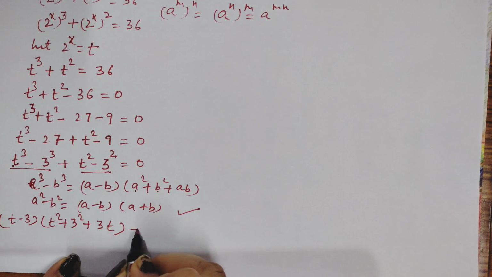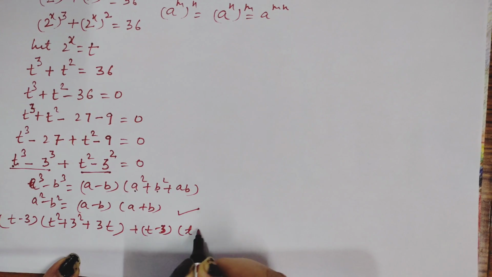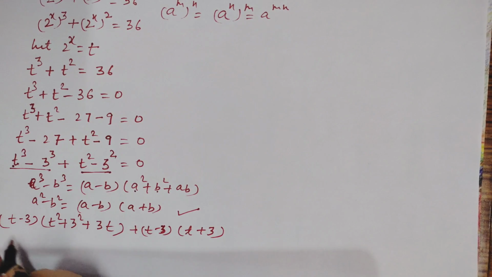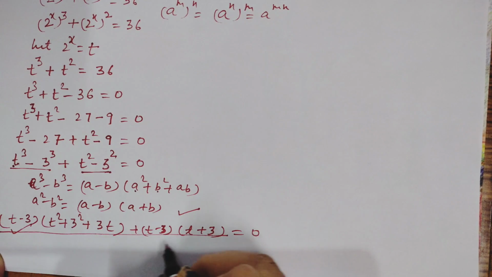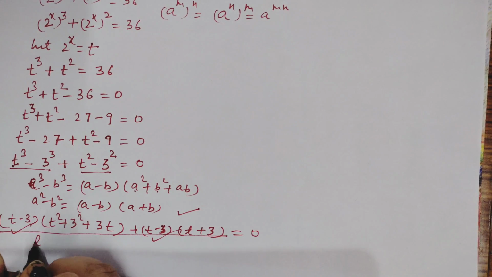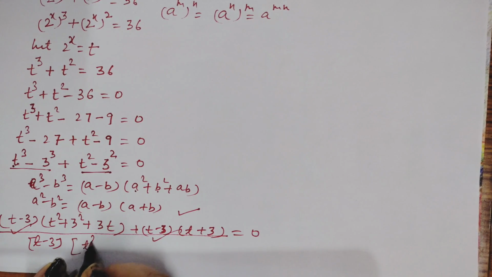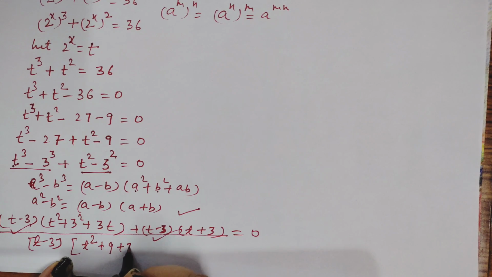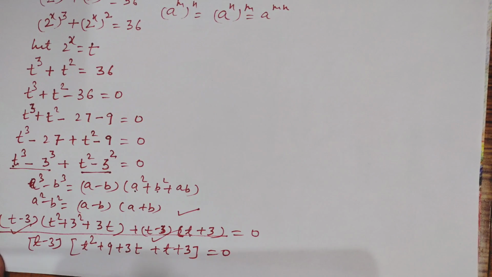A minus b means t minus 3 and t plus 3. Now in the full equation you can see t minus 3 is the common part. Inside is t square plus 3 square, which is 9, plus 3t, and it is t plus 3, equal to 0.